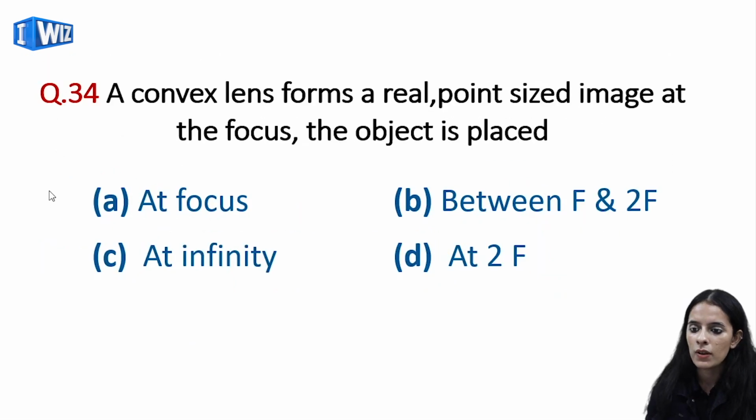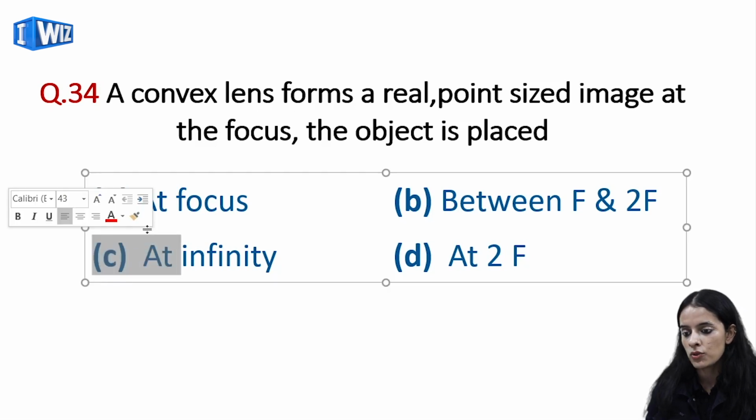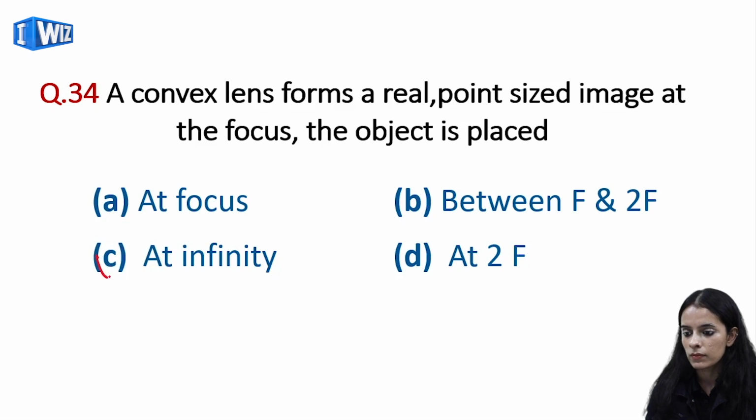A convex lens forms a real point-size image at the focus. Image is formed at the focus. Then the object should be placed... Always remember when the object is at infinity, then the image is always formed at the focus. So what's the right option? Infinity.